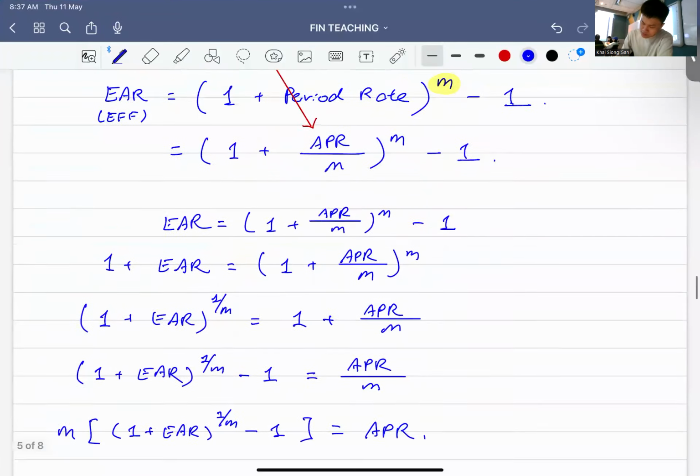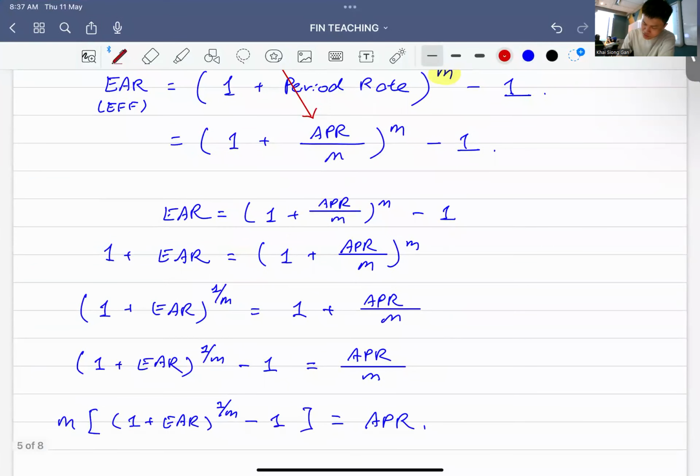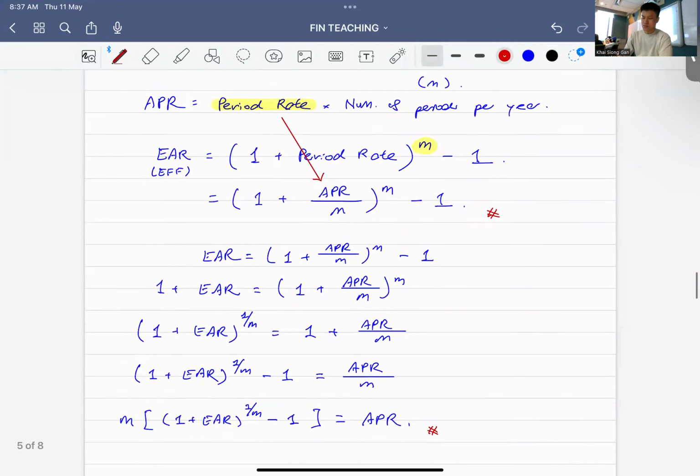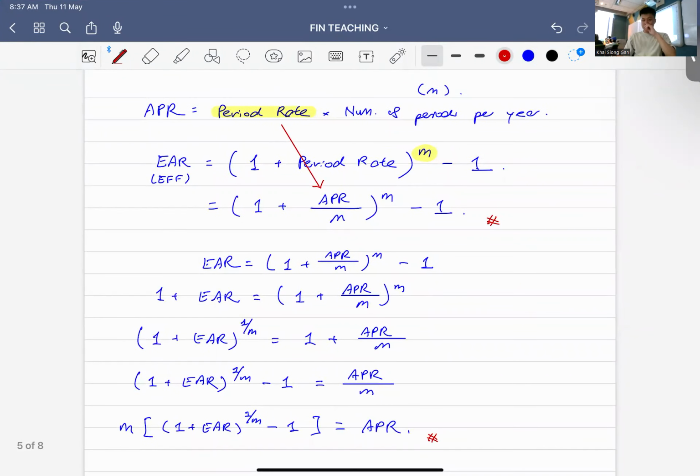Okay, so two formulas here. One is on EAR and one is on APR. So this is how the formula is being derived.